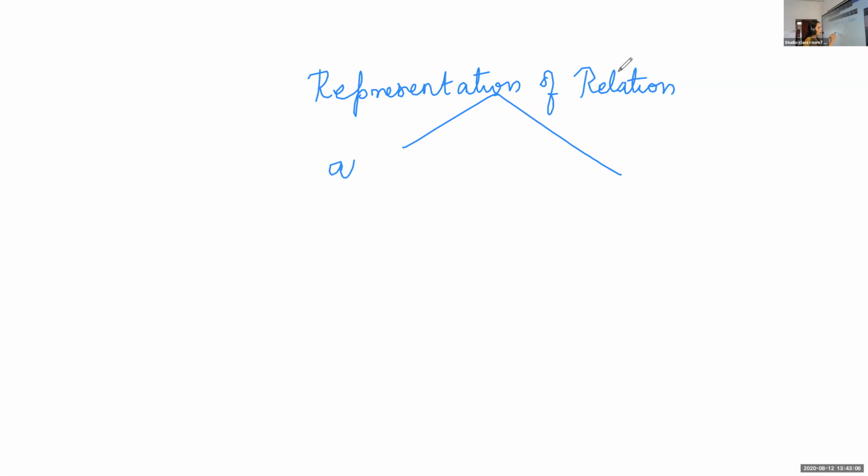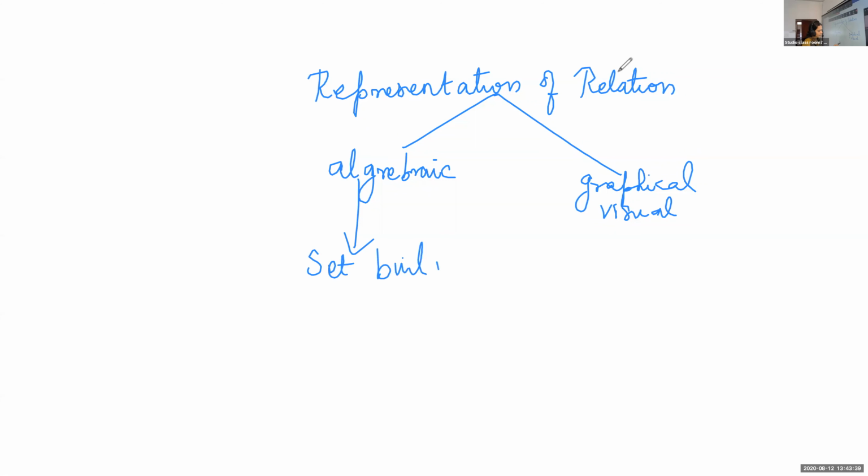The first one is algebraic form. The next one is graphical form, or otherwise we can call it visual representation. What is meant by visual? We will be drawing some pictures, visualizing. So there are two forms. In algebraic form, we have set builder form or roster form.